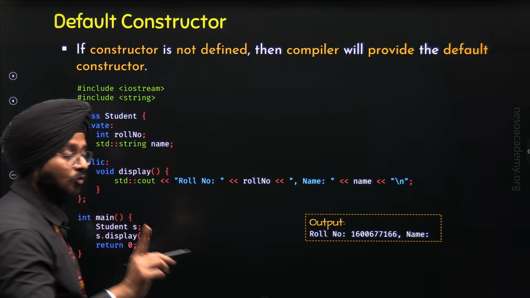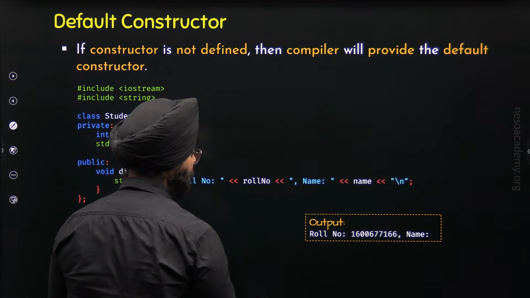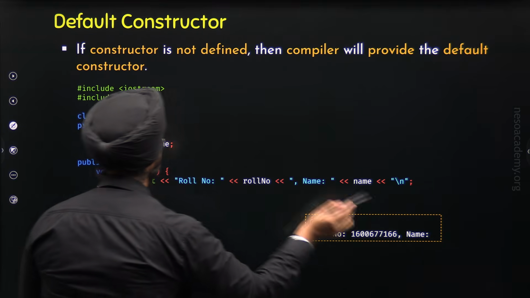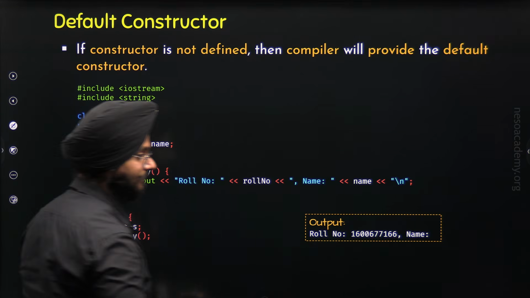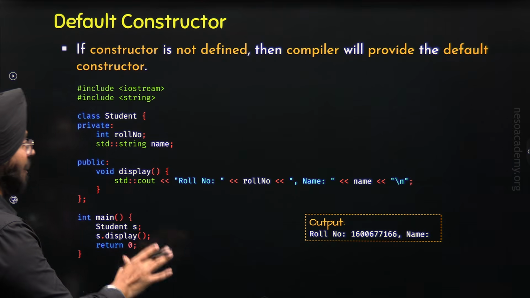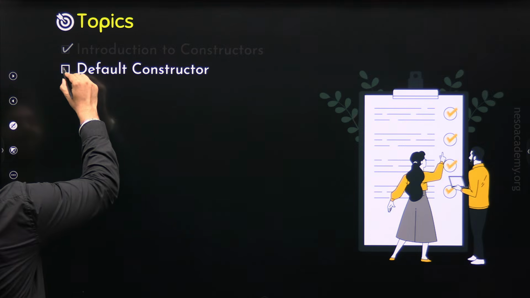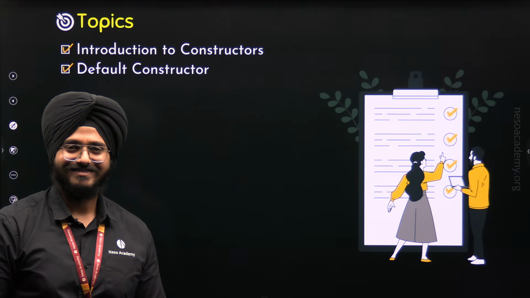In your case, you may receive a different value. But the point to note here is that this is the garbage value. And the name variable has received the empty string. That is why we are not seeing anything over here. So with this, we have properly understood default constructors. And this means we are done with this topic also. And we are done with this lecture.